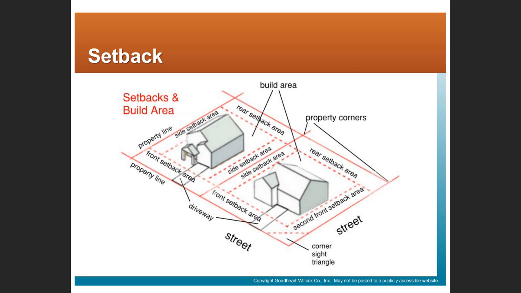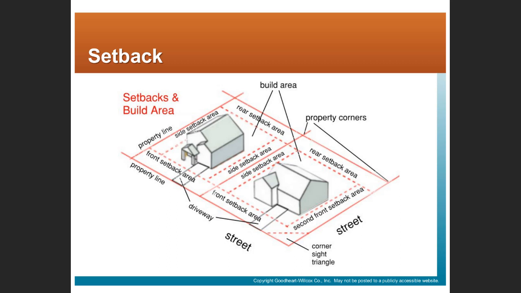Right, so again, we have front and side and rear setbacks. So again, our structure, whatever we're building here, can't be any closer to the property line than this setback line. And I'm guessing if we're zoning, we're also going to have some restrictions on floor area ratio, how big of a structure we can build on this particular parcel.